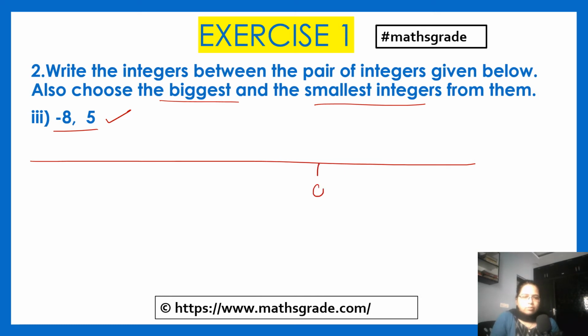This is 0, and from 0 to the right hand side all are positive integers, 1, 2, 3, 4, 5, 6.